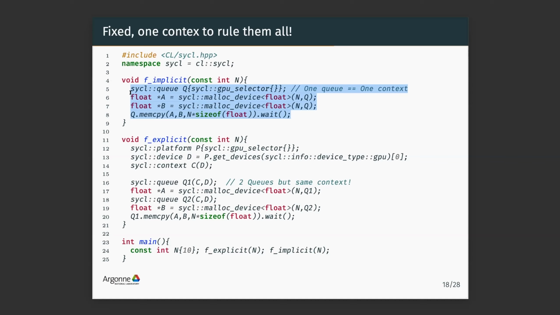This relies less on the smartness of the runtime. In theory, because as I said before, queues by default are out of order, if you execute two kernels on the same queue and each kernel doesn't occupy the full hardware, they can be executed at the same time.